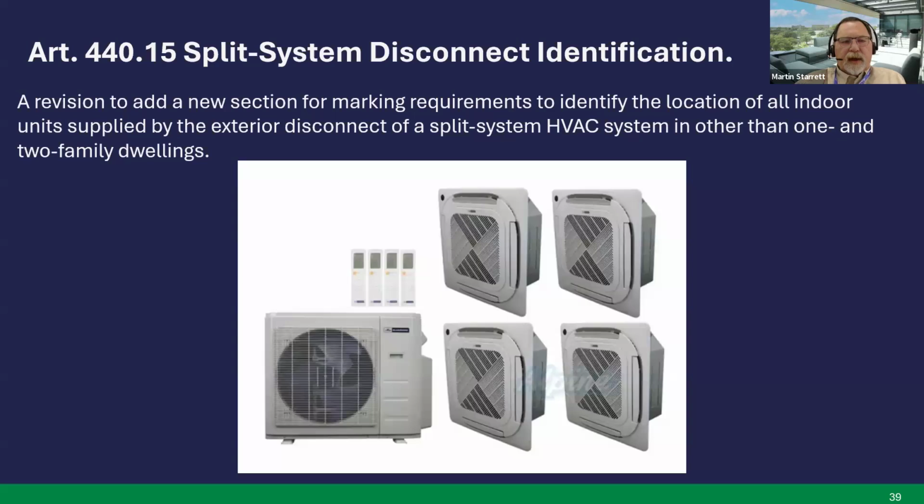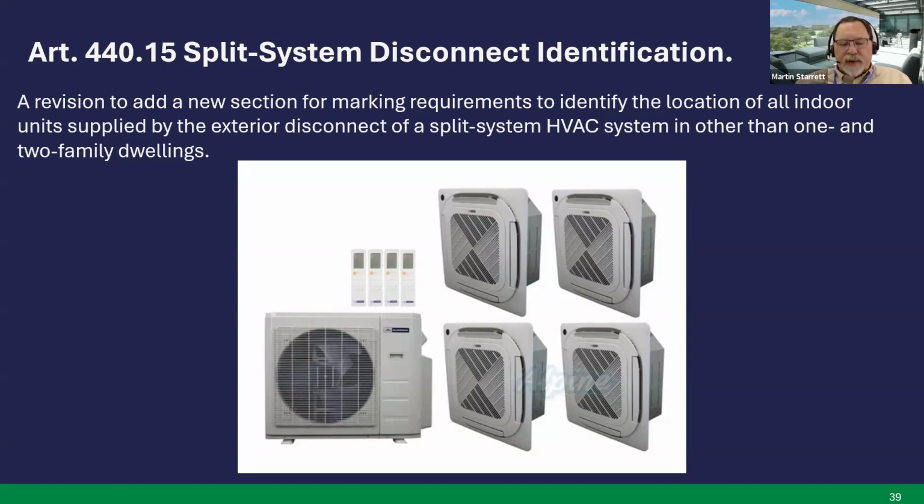Next slide. Okay, this is a big one. I think for people that install these mini split systems, a revision to add a new section for marking requirements to identify the location of all indoor units supplied by the exterior disconnect of a split system HVAC system in other than one and two family dwellings.